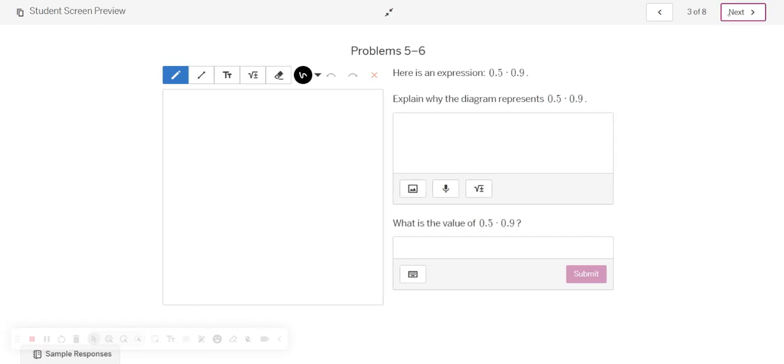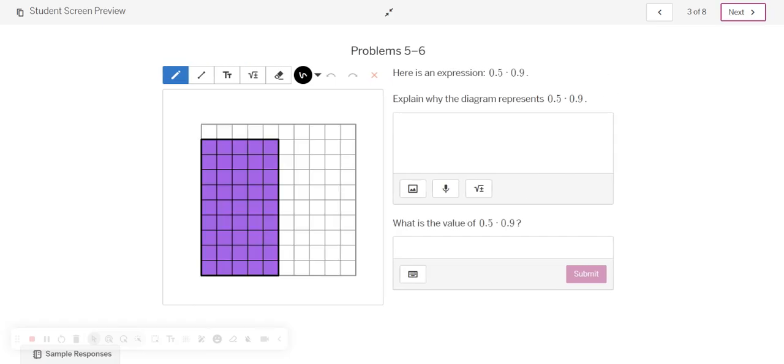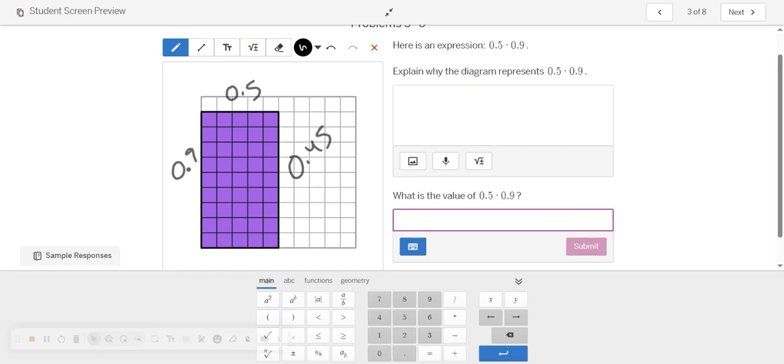Over here, I've got that this is 0.5 and this is 0.9, or 5/10 and 9/10. When I multiply those together, I'm going to get 0.45, and so 0.45 is the answer. Oops, I did not get a decimal point in there. You've got to be very careful. See, that's not me, that's the pen. 0.45.